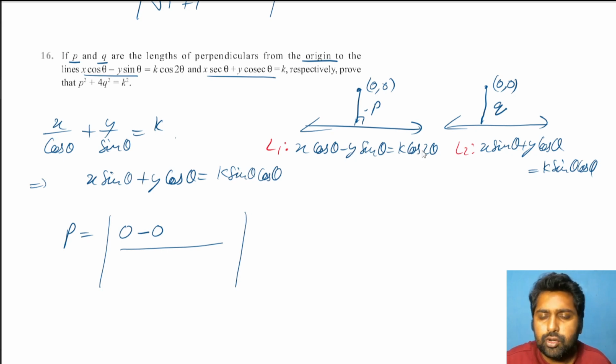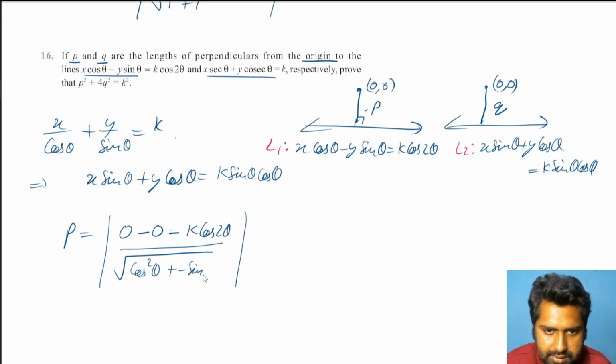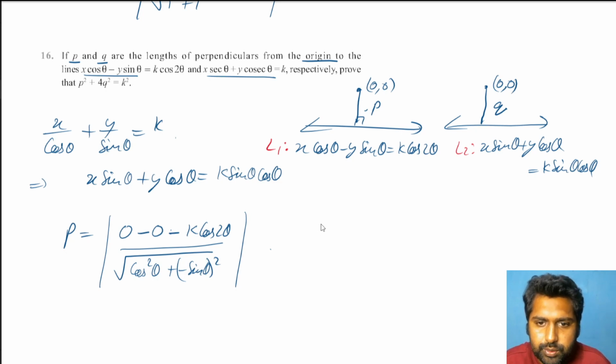And k cos 2 theta should come on the left, because the standard form has to be ax plus by plus c equal to 0, right side should be 0, so this should be minus k cos 2 theta. Okay, and then denominator is square root of coefficient of x, that's cos square theta, plus coefficient of y, minus sin theta, whole square of it. That's your P.